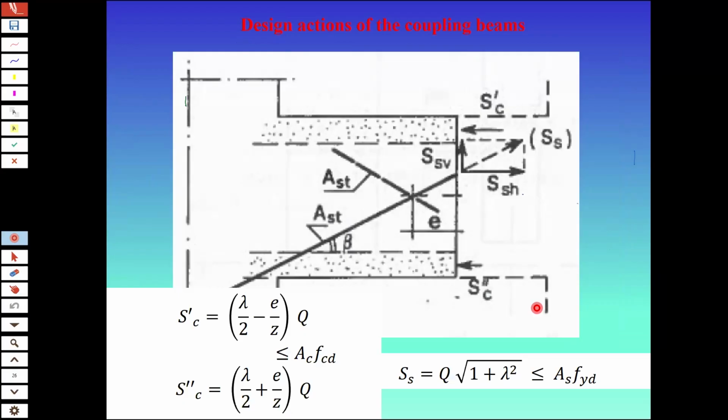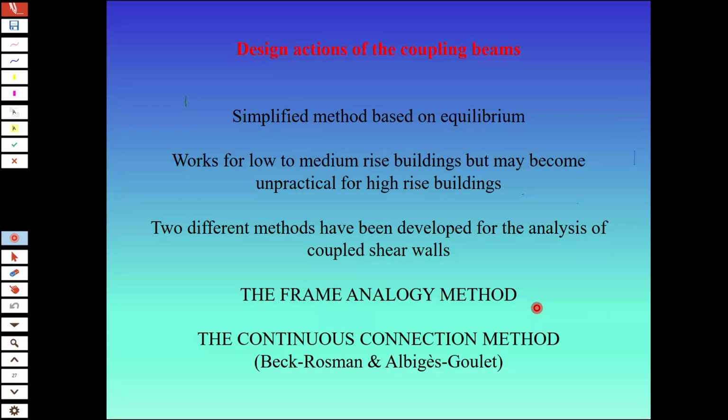This method is very simple because you can really work it out on a piece of paper, but it becomes a little unpractical because it's based only on equilibrium. It becomes a little unpractical when you go for higher and higher rise buildings.